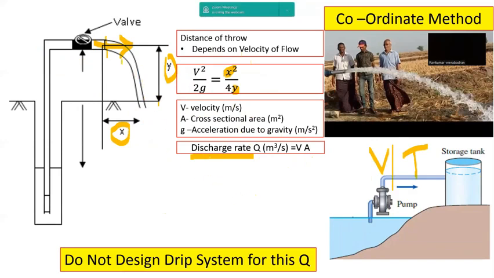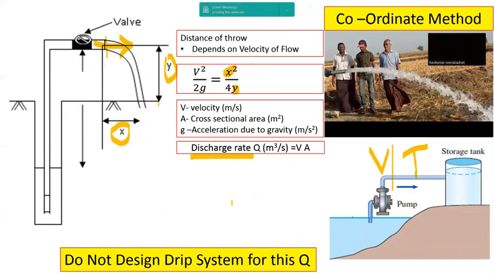If we connect a drip irrigation system at this point, we are going to load the system and we will not be able to get the same discharge. We will get only less discharge than this. How much discharge we will get if we connect the drip irrigation system has to be found out, and that should be used for drip design.